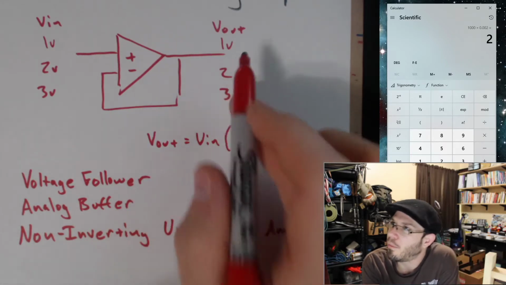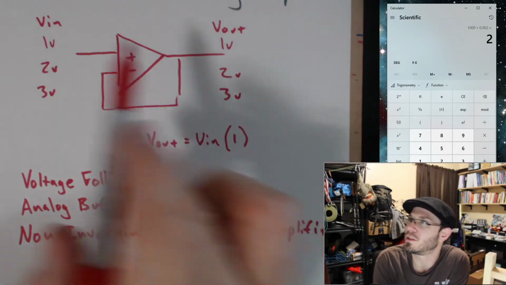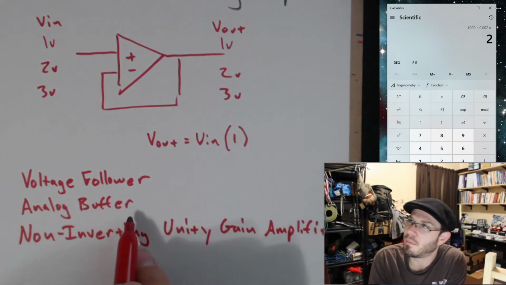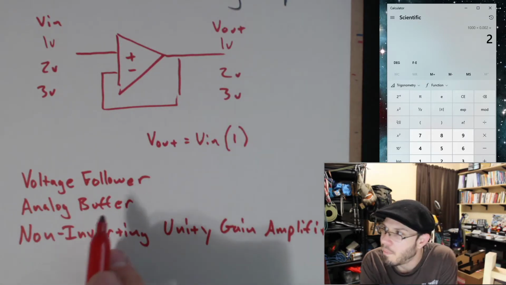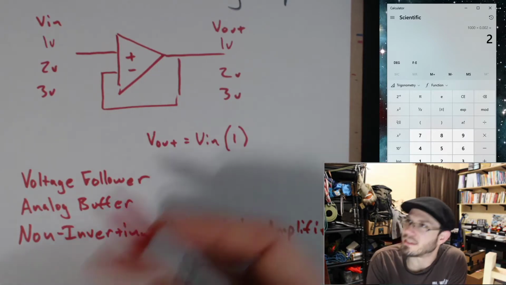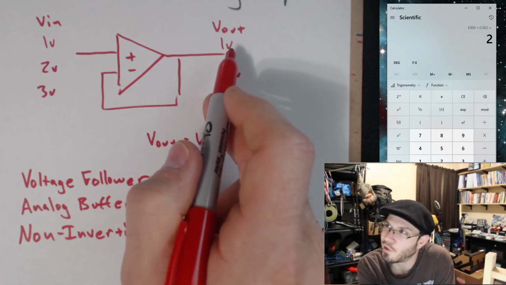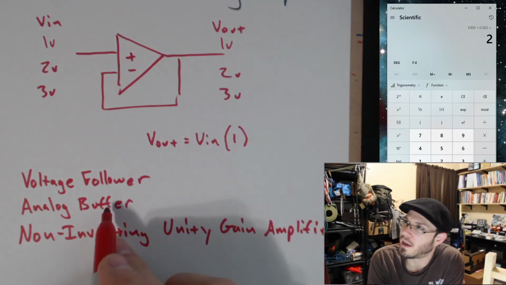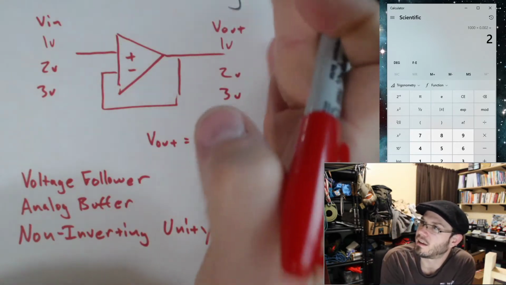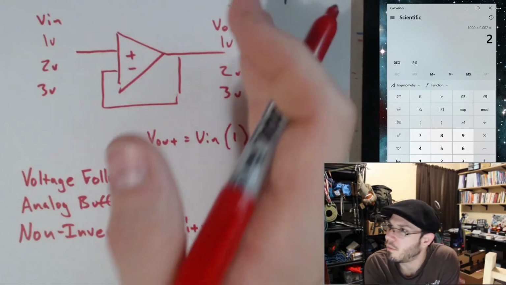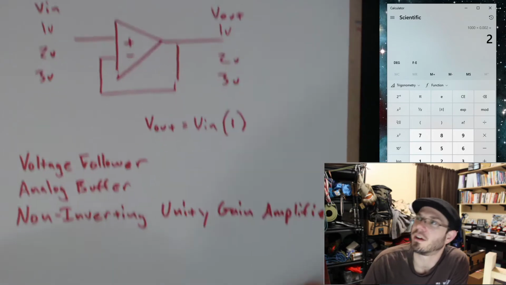Voltage follower: the output follows the input voltage. Whatever the input voltage is, that is what I will get on the output voltage. Analog buffer: I am buffering those impedances, guaranteed to have high impedance on the input and guaranteed to have low impedance on the output. So if I need to buffer the input from the output, then analog buffer.